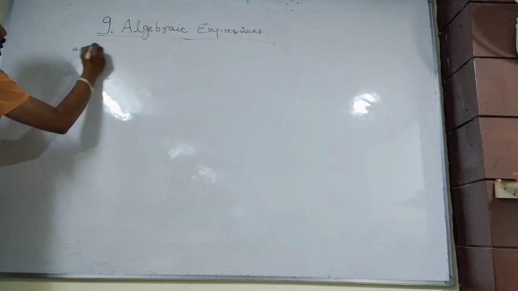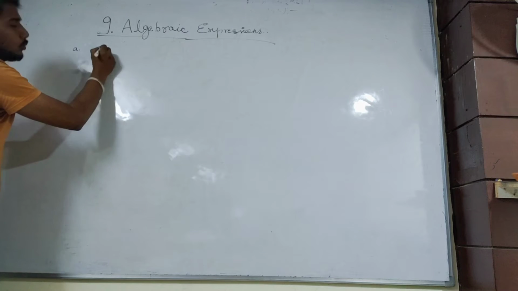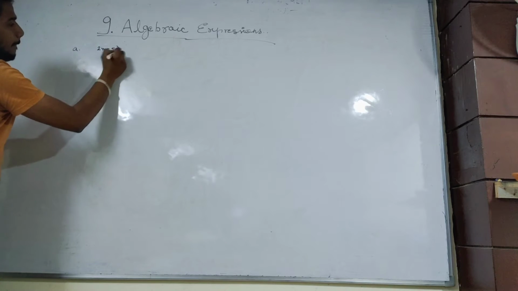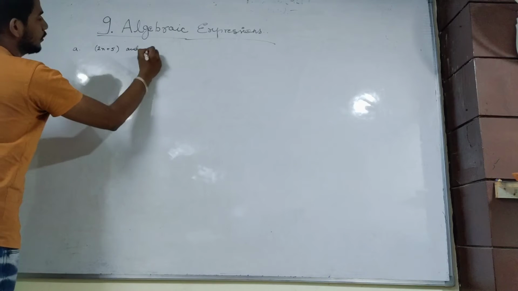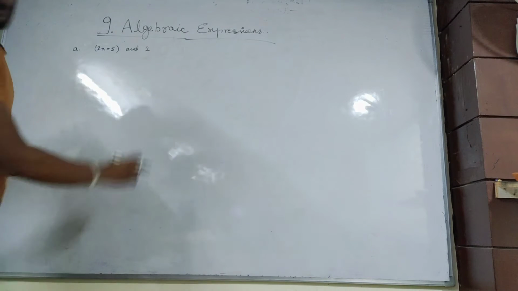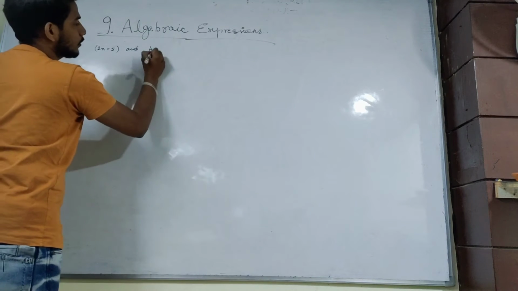The first question is 2x plus 5 bracket and 4x minus 3.